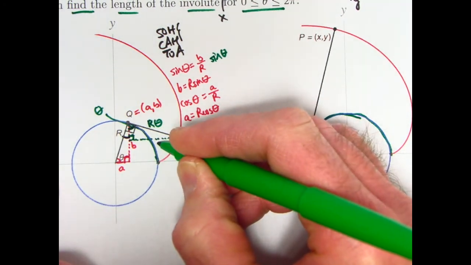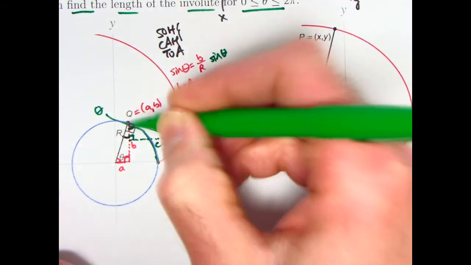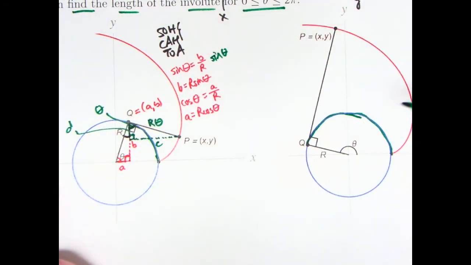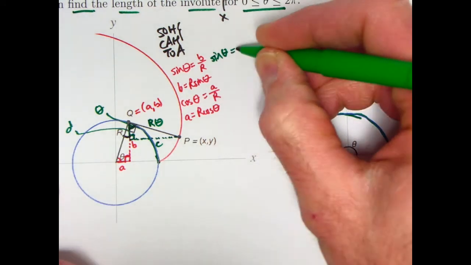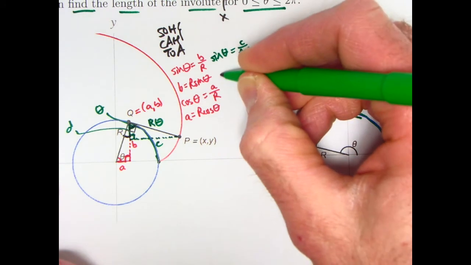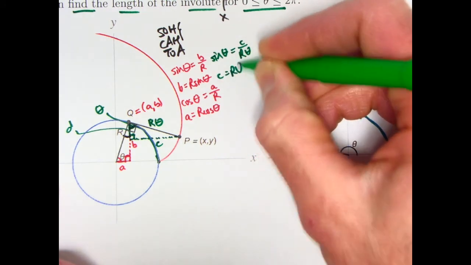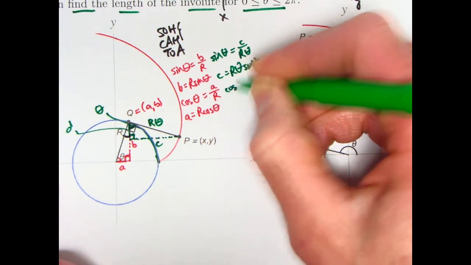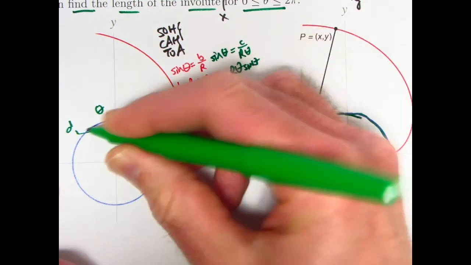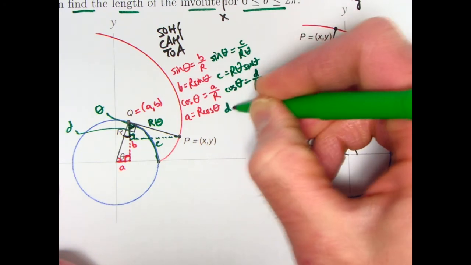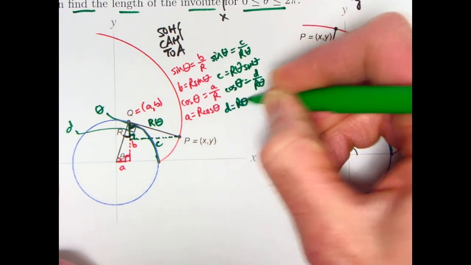Let's label this C, and let's label this side of the other triangle D. Based on that labeling, I can say sine theta is C over r theta, and therefore C is r theta sine theta. And the cosine of the angle adjacent to our hypotenuse is D over r theta, and therefore D itself is r times theta times cos theta.